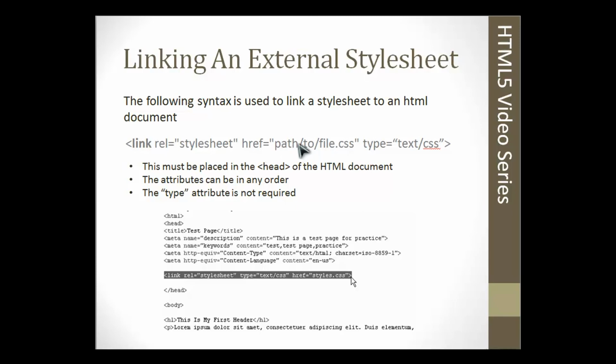In most cases it's in a folder that's actually named css, so it would be css/file.css. And the type just tells it that it's text and it's CSS. This could also be text/javascript if you were using JavaScript. I would definitely suggest the type attribute.